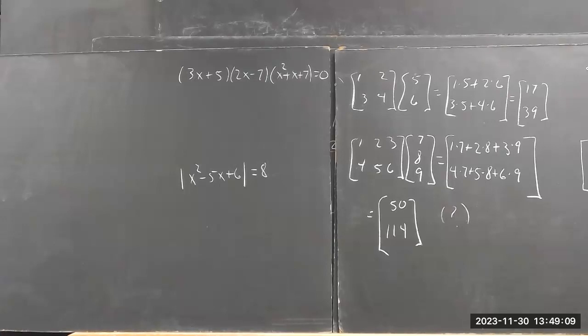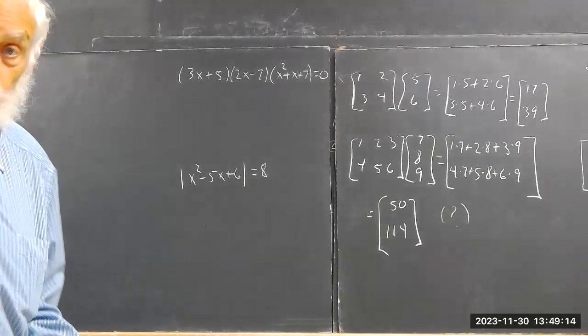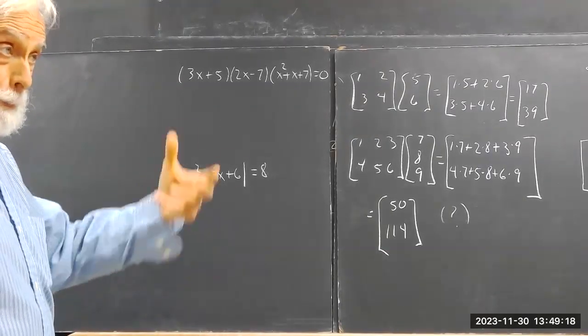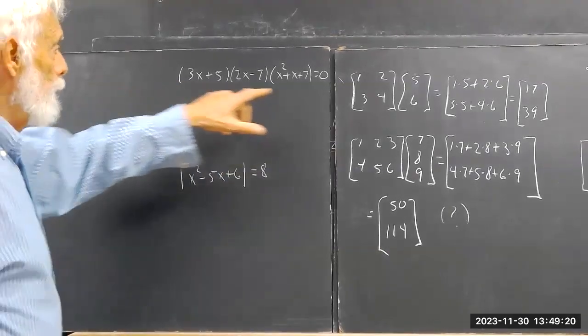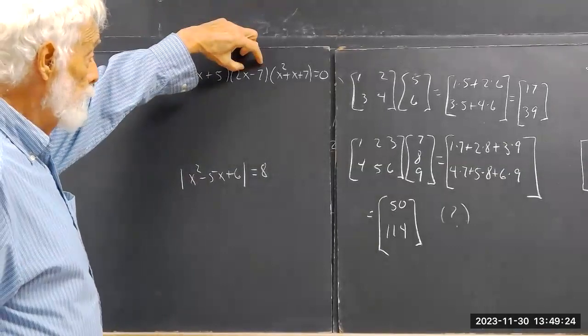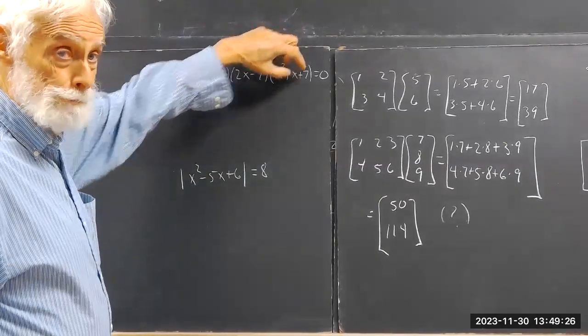Okay, now to a couple of equations. Just to review, something you should know, but it's been a little while maybe since you did it. This equation can only be true if this is 0, or this is 0, or this is 0.